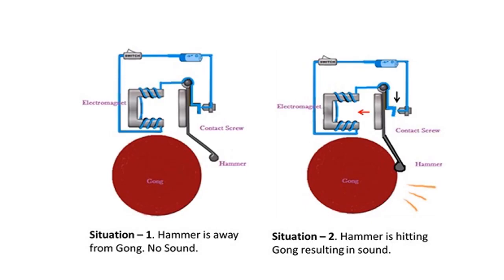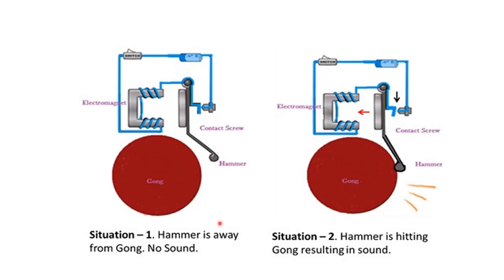Here, two situations are given to us. Let us first analyze situation 1. Hammer is away from gong, no sound. Here you can check that the hammer is not in contact with this gong. Hence, no sound is produced.